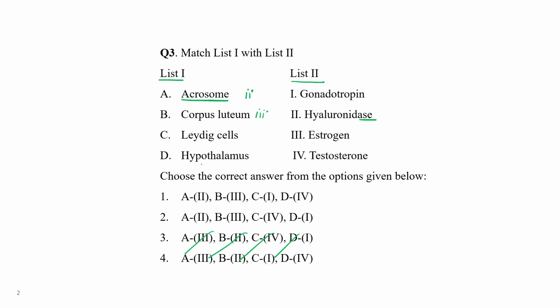So gonadotropin is released by the hypothalamus, and Leydig cells are mainly responsible for releasing testosterone, right? So this is the correct sequence: A with 2, B with 3, C with 4, and D with 1. Choice number 2 would be the correct answer of this question.